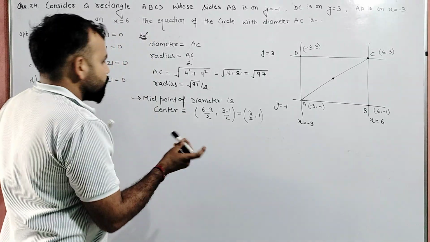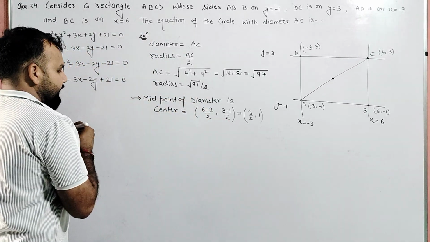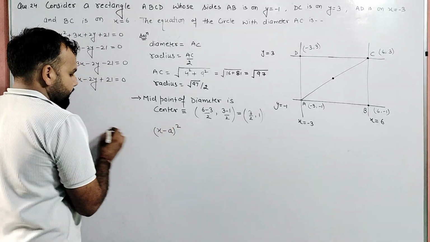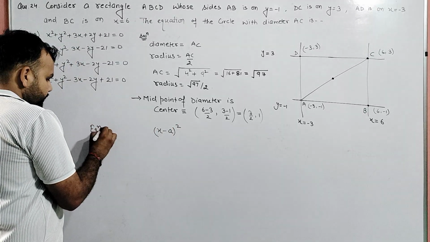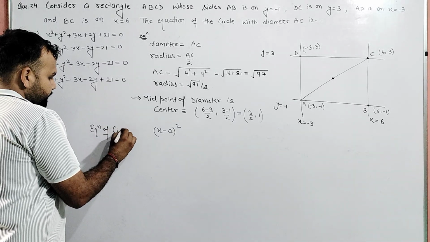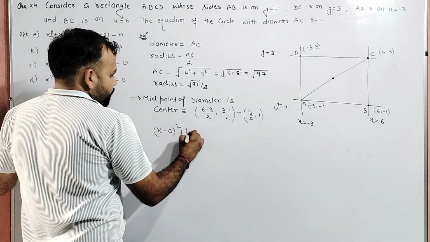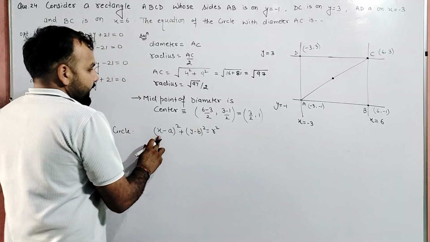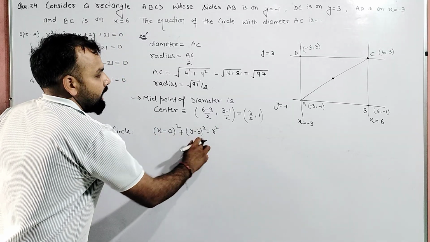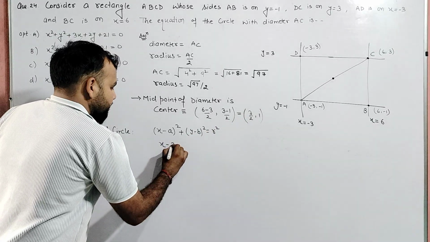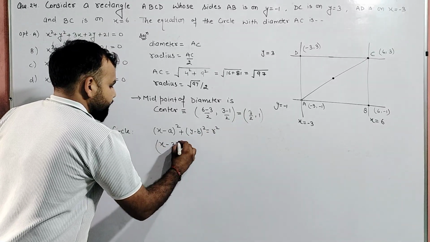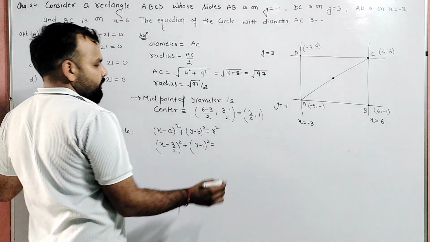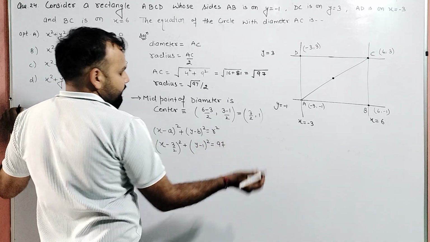So this one is center, this one is radius, and we know very well the equation of circle, that is x minus a whole square plus y minus b whole square is equals to r square. a and b are the center, that means x minus 3 by 2 whole square plus y minus 1 whole square is equals to root 97 by 2 whole square.